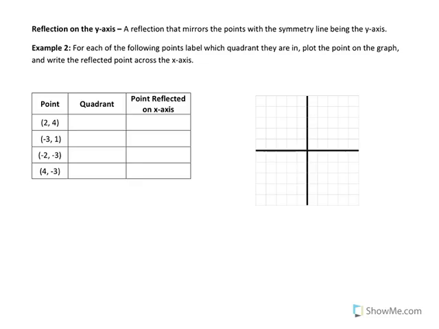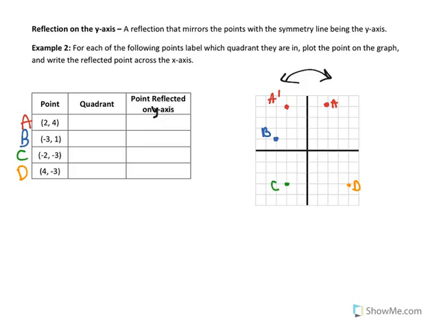Okay, next example. It's the same exact point, so I just want you to pause the video and plot those points back in as A, B, C, and D. Okay, and this time we're reflecting it on the y-axis. So we're flipping it this way on the y-axis. So A, instead of being here on the right, is going to be over here on the left.